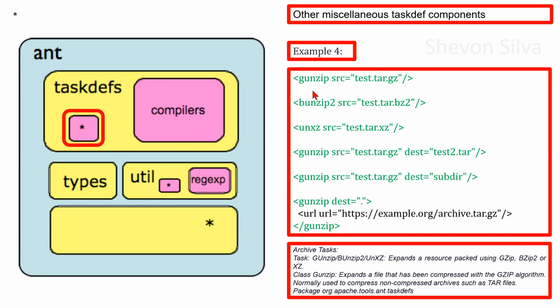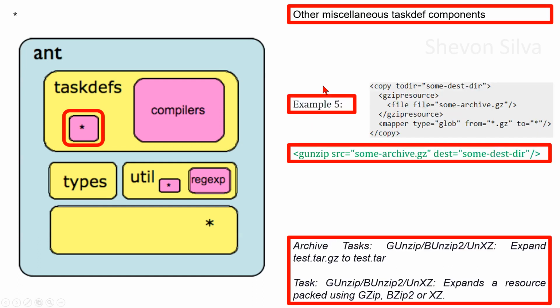Here the gunzip class in the API, the gunzip class expands the file that has been compressed with the gzip algorithm normally used to compress non-compressed archives such as tar files. This is in the package org.apache.tools.ant.taskdefs. Here the following is identical to this section.